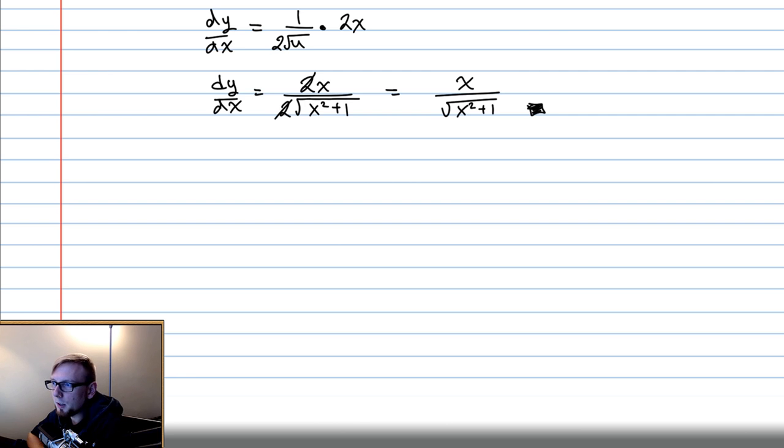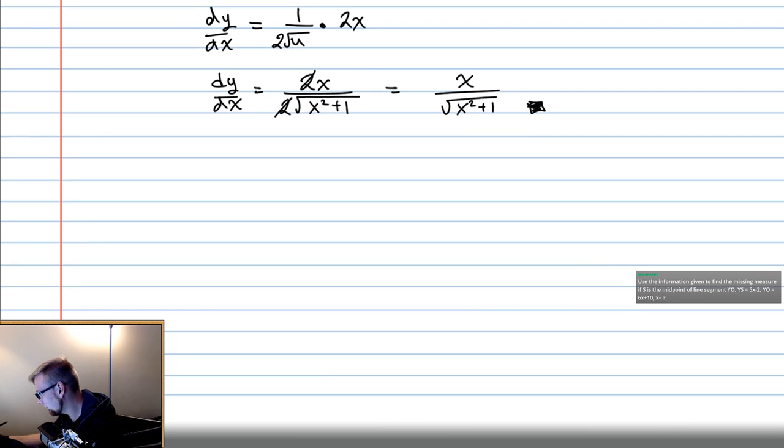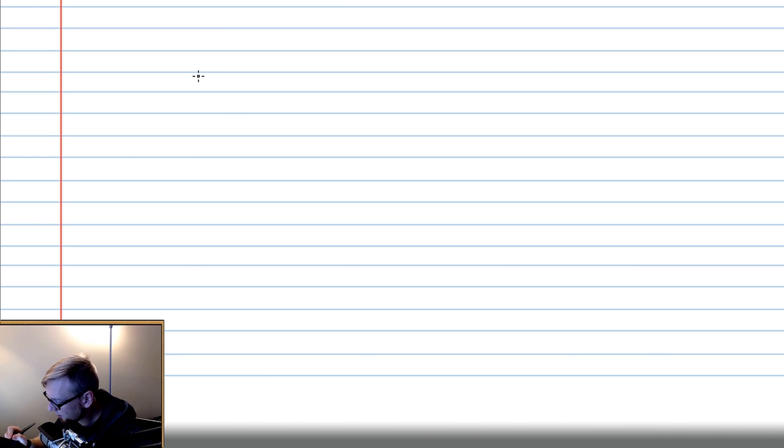Segment YO. YS is 5x minus 2, YO is 6x plus 10, x equals. Find the missing measure if S is the midpoint. Interesting. Okay. So we've got a line. Is there a picture that goes along with this?